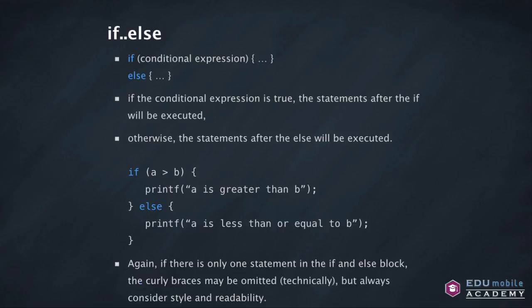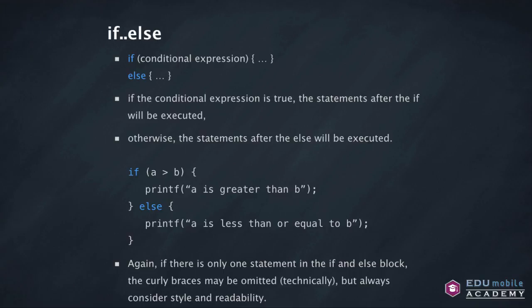If else takes both sides of the conditional expression, both the true case and the false case. So if conditional expression, we execute that case. Else, otherwise, if the conditional expression is false, we execute the else clause.